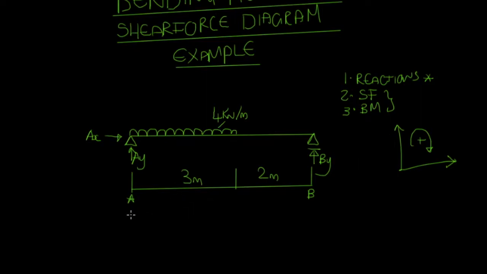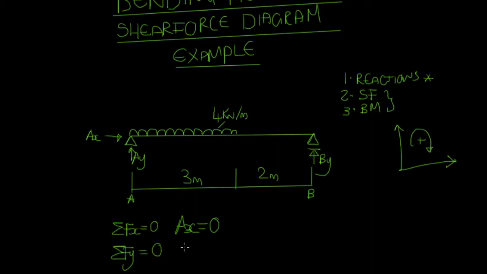So the first thing we want to do is take the sum of our forces. If we take the sum of forces in the horizontal axis, we know that's equal to 0 because the beam's in equilibrium. We have no forces in this axis, so AX therefore equals 0. If we take our sum of forces in the y-axis, we know this is also equal to 0.